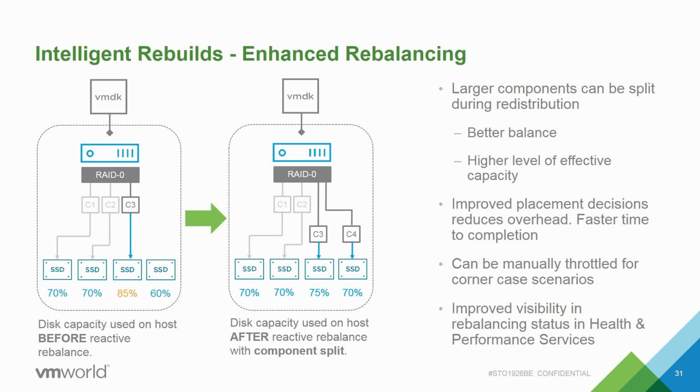VMware still recommends that this is only to be used in corner cases and not set explicitly and left. It is one thing to note: anytime that you do throttle the resync traffic, that's only going to slow down the resyncs. It's not going to speed up the resyncs. This is simply a matter of giving more priority to the VM IO traffic rather than the resync traffic.